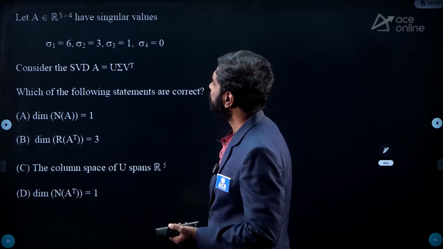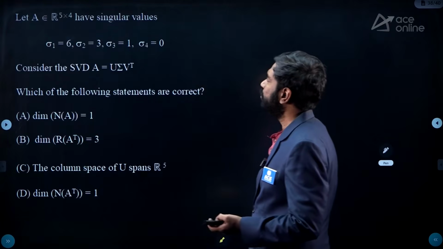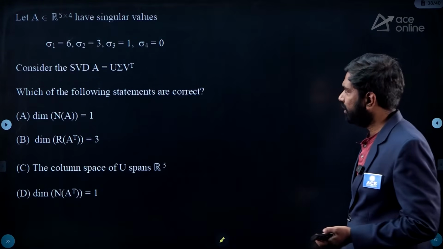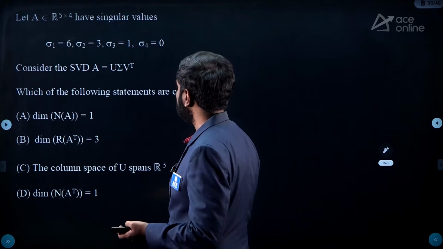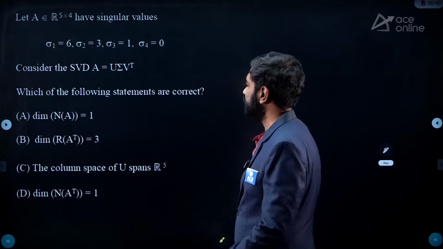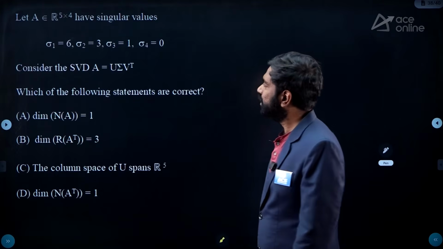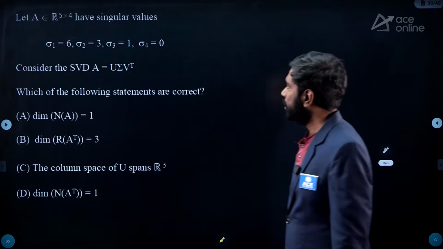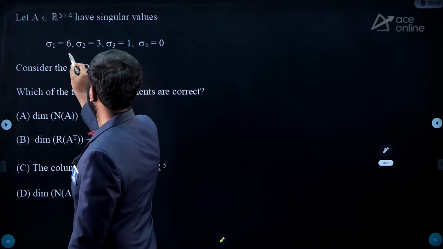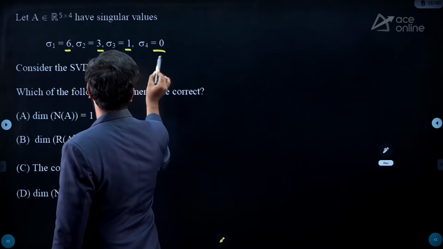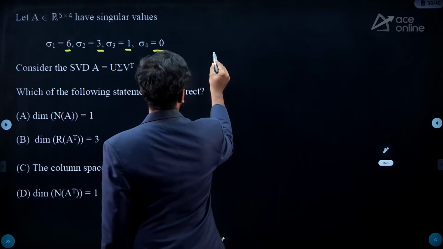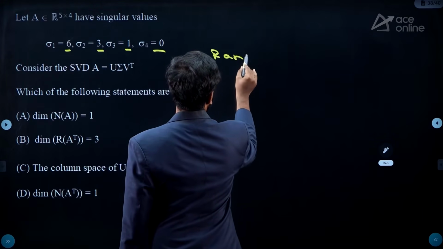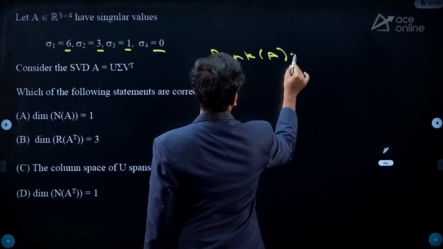So let's proceed. A is a 5 cross 4 real matrix having the singular values as 6, 3, 1, 0. Consider the SVD, which is A equal to U sigma V transpose. Which of the following statements are correct? So when I see the singular values 6, 3, 1, 0, there are three non-zero singular values, which confirms that the rank of the matrix A is 3.